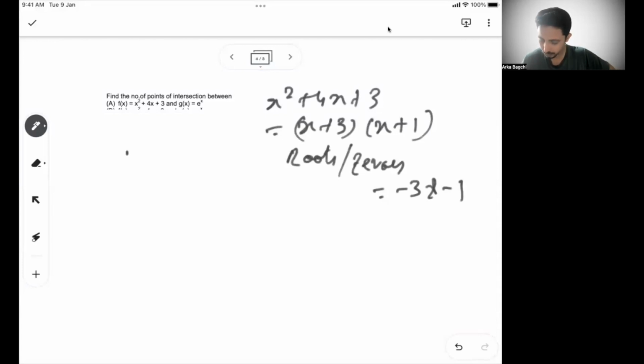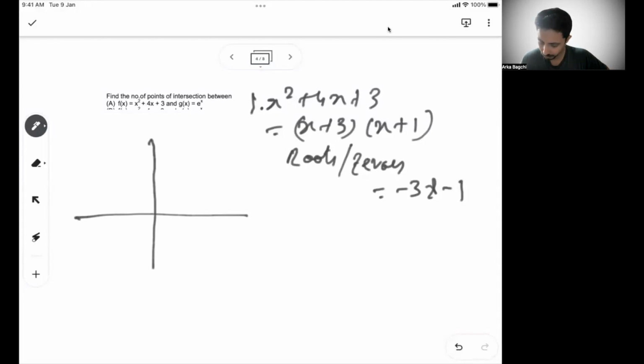So first let me draw the graph of f(x), and I know the coefficient of x square is 1, which is a positive number.